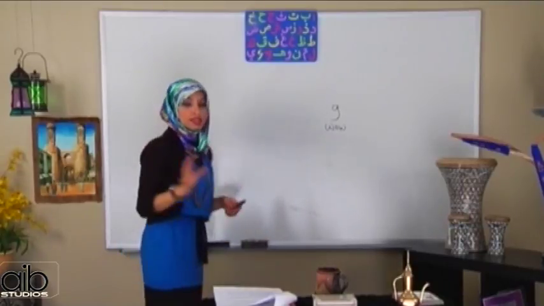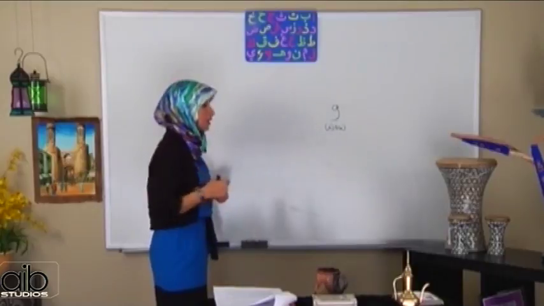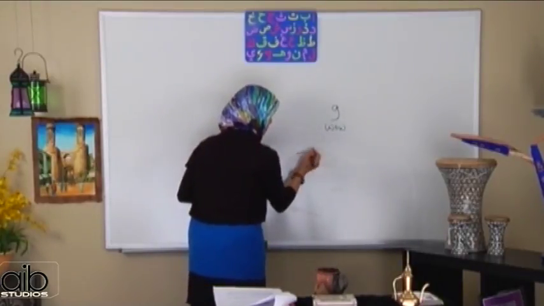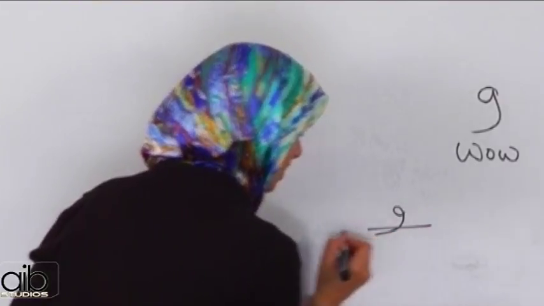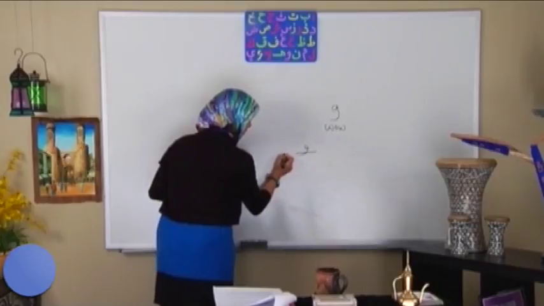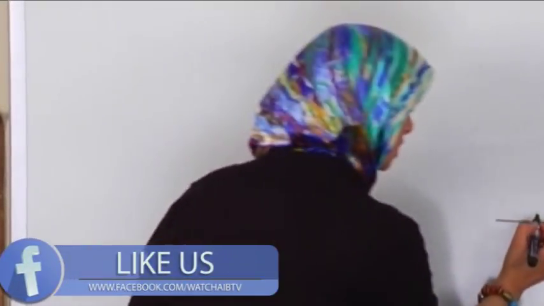Let's take a look at how the waw is written. Now, waw is similar to the alif in that it does not connect with letters that follow it. So when you write a waw in the beginning, the initial position, it will look like this on a line. And in a middle position, it will connect with the letter that precedes it.